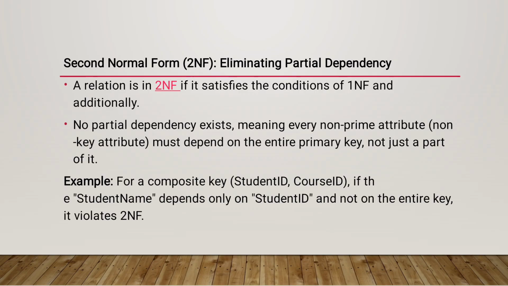That means it must depend on the entire primary key. For example, if a table has a student id and course id, the student name depends only on the student id, not the course id.